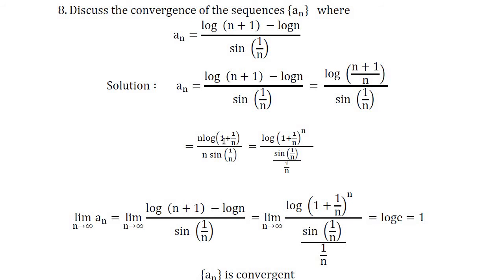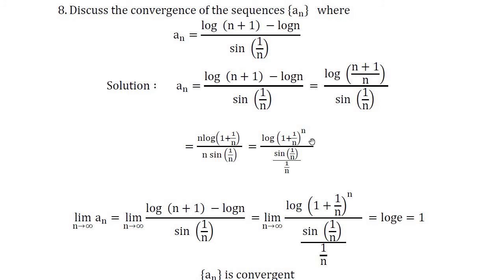We get log of 1 plus 1 by n. Now we multiply both numerator and denominator by n and take this n to power. We get log of (1 plus 1 by n) to the power of n divided by n into sine of 1 by n, which can be written as sine of 1 by n divided by 1 by n. Now this is the simplified form of an.